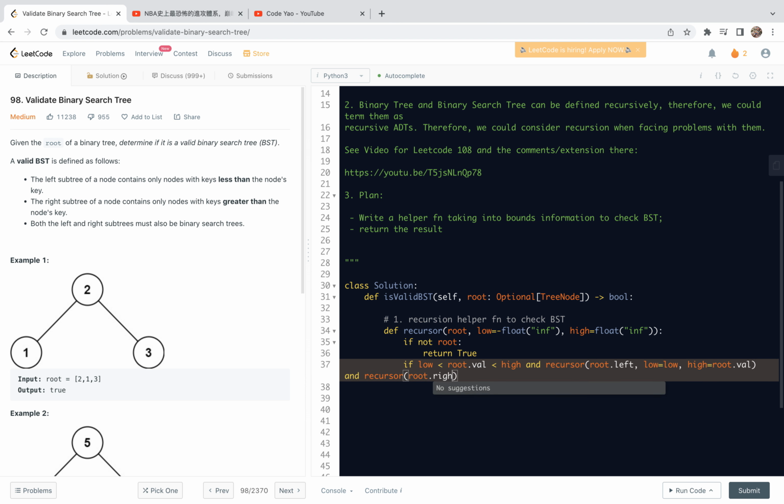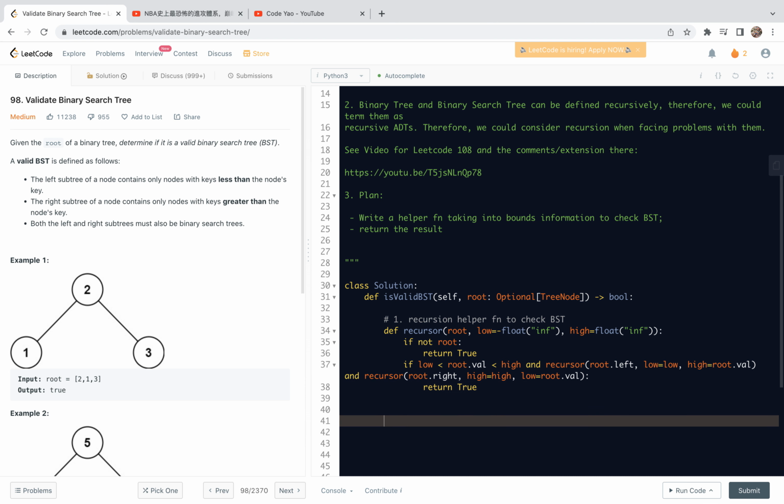For root right, the high is still the previous high, but the low is now the root value, right? If these three conditions hold together, we're going to return true. This means that the tree represented by the root is a binary search tree.